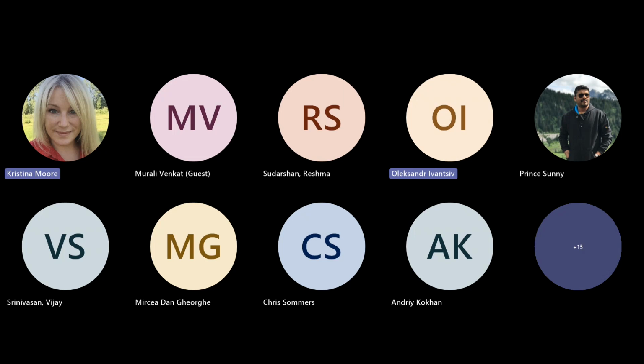I'm pasting the link to the pull request here in the chat. As an action item, I have the question from Prince about the ACL group per ENI. I will check this question and update the document if needed.